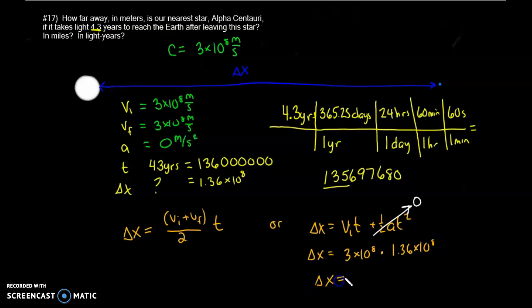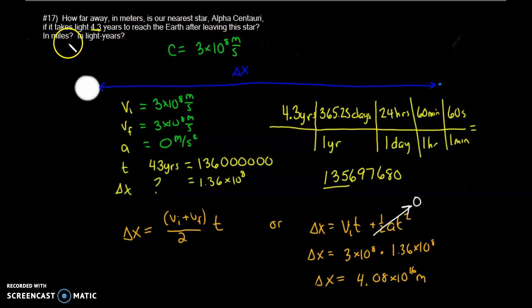So we get a distance in meters now, because we're using meters per second and seconds. 3 times 10 to the 8th times 1.36 times 10 to the 8th, and I end up with 4.08 times 10 to the 16th meters. Okay, so that's part A. How far is it in meters?